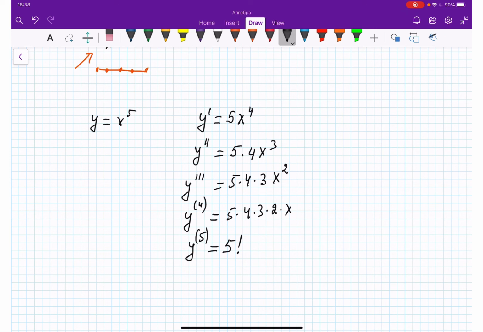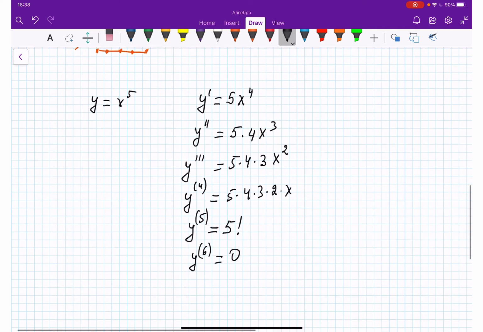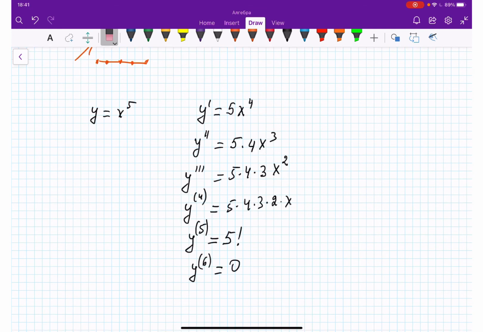So 5 times 4 times 3 times 2 times 1, right? And the derivative of degree 6 is going to be 0 because the derivative of a constant is 0, right? So sometimes we can get the general formula for the nth-order derivative of the function.